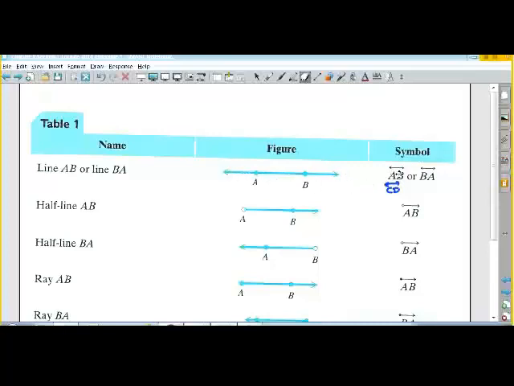Because it goes to infinity in both directions, it doesn't matter which one you put first, because it still defines the same figure. So whether I have AB or BA, I'd still draw the same graphical representation of what a line is. One thing is lines do not have a thickness.